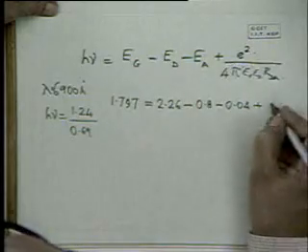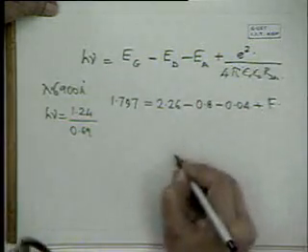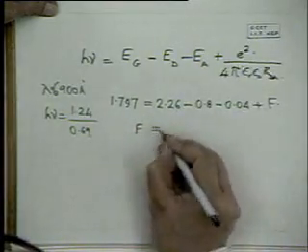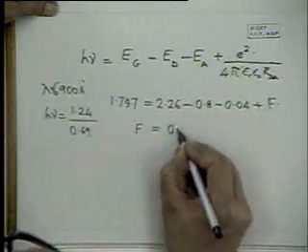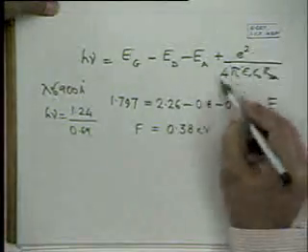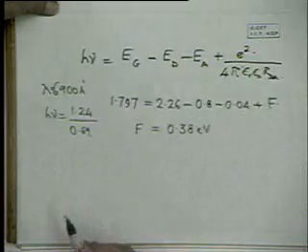Let's call this just F. So this F comes to 0.38 eV. So this is the order of magnitude of this correction, just 0.38 eV.